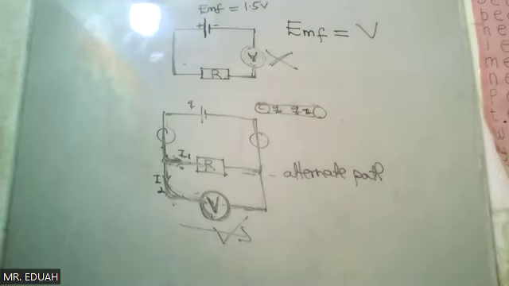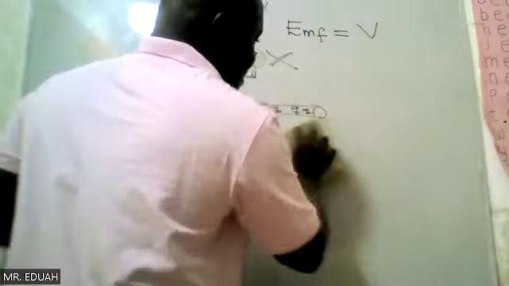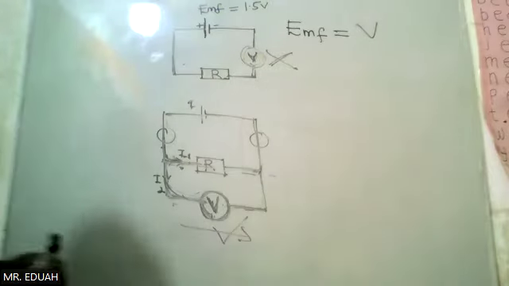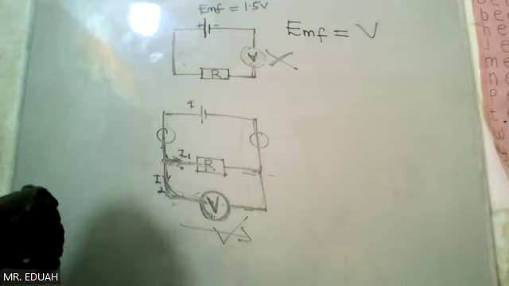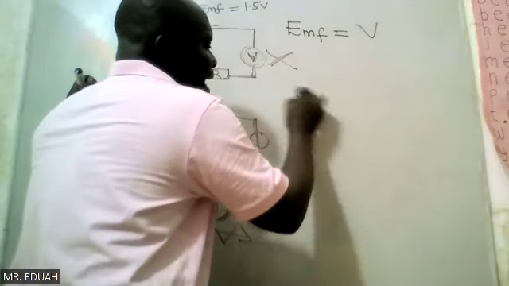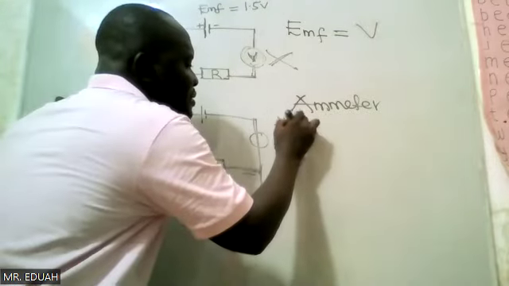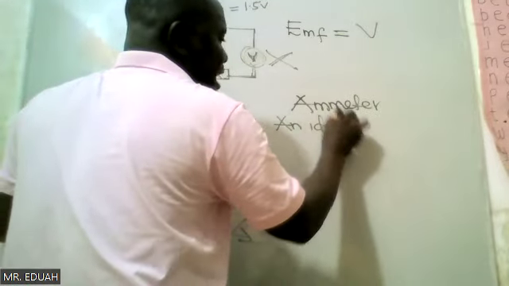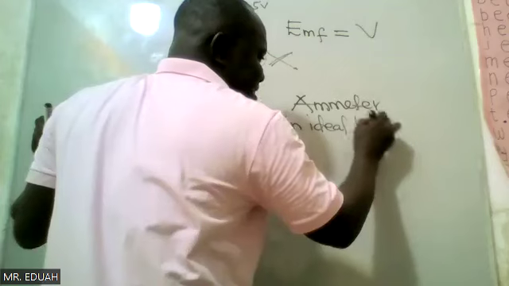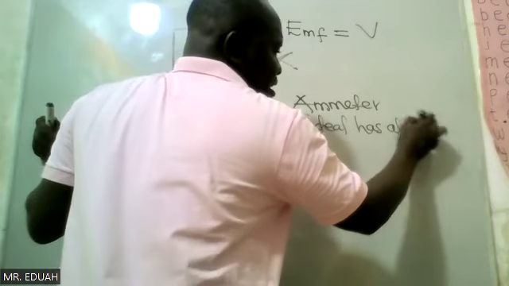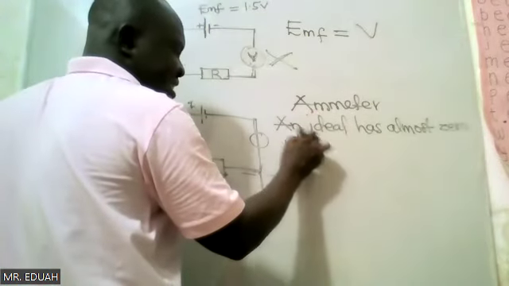On the other hand, if it is an ammeter, look at the behavior of an ammeter. A voltmeter has a very high, almost infinite, internal resistance. Then an ideal ammeter, an ammeter which is 100% efficient, has almost zero internal resistance.